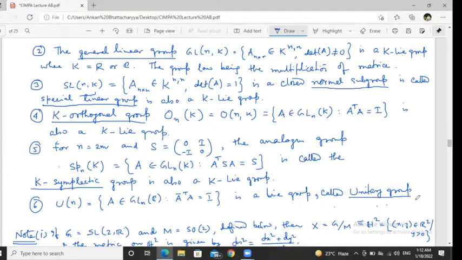For example, we can consider this one. Here I consider A in this way: A is taken as the matrix with entries minus i, 2 plus i, 2 plus i, minus 2.